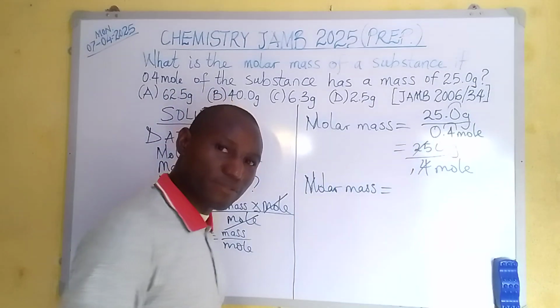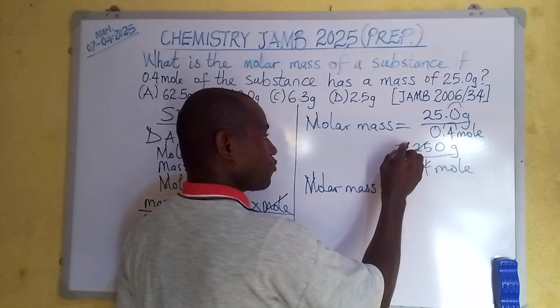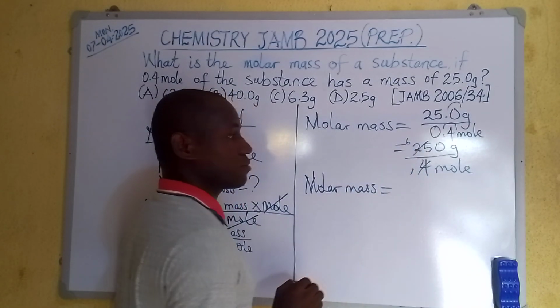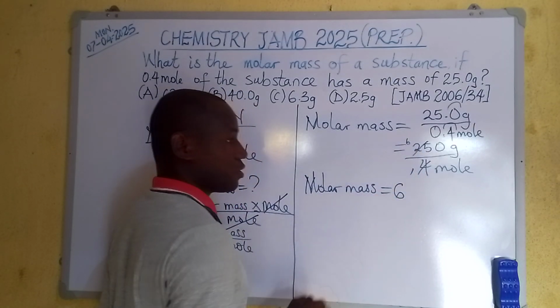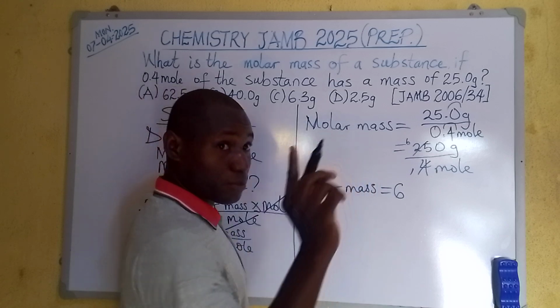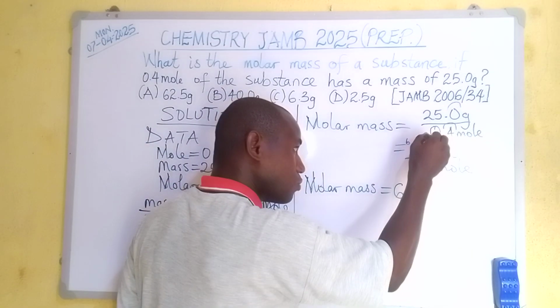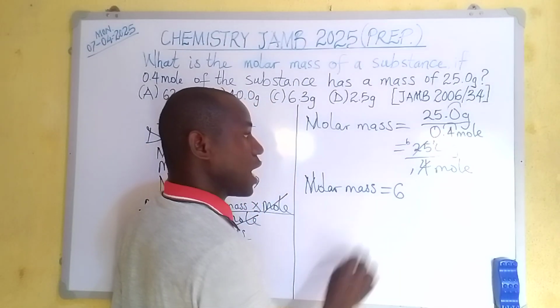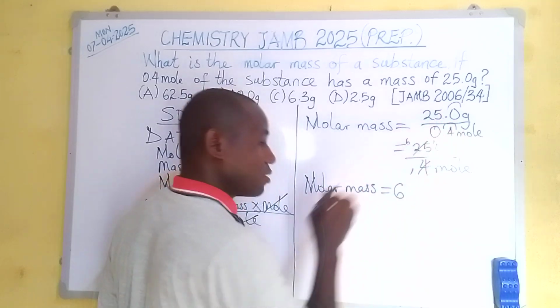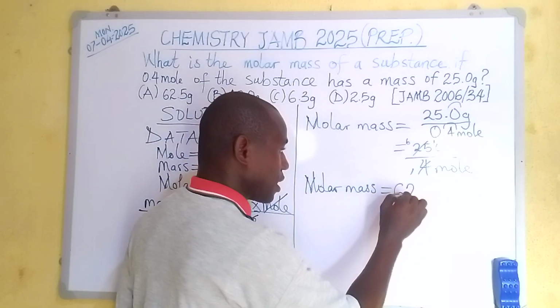4 in 25, yes, 4 in 25 is 6. So write down 6 here. It will be remaining 1. So that 1 will be added to the 0 and it becomes 10. Now 4 in 10, that's 2. So write down 2.